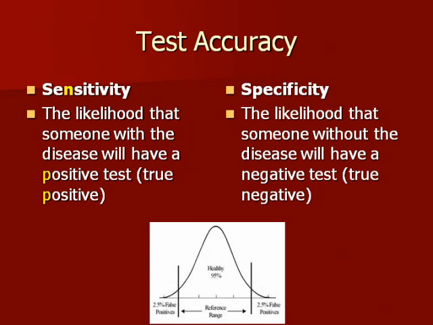So when you're ordering tests, you need to know the sensitivity and specificity. You can find that on Google. You can find that in lots of sources of information, especially Medscape and Hippocrates. And you need to know that some tests are not sensitive, nor are they specific, but they are costly.